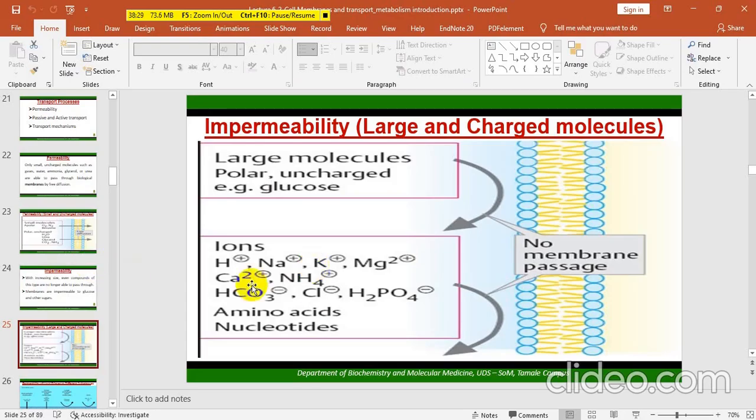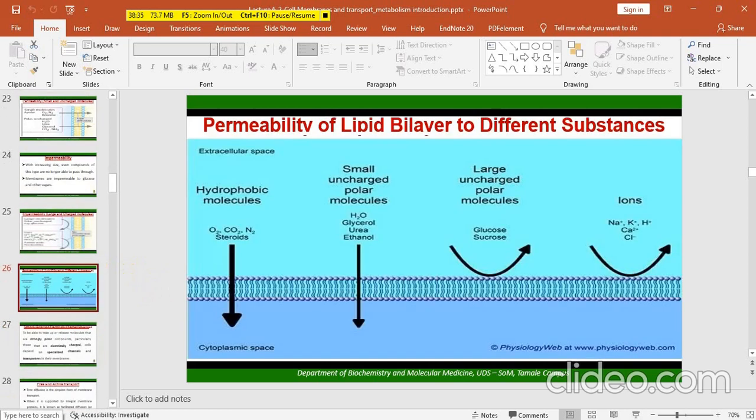So let's look at how these ions can be transported. This glucose can be transported. So we see permeability. Hydrophobic molecules, molecules that are afraid of lipid or fat, cannot pass through.